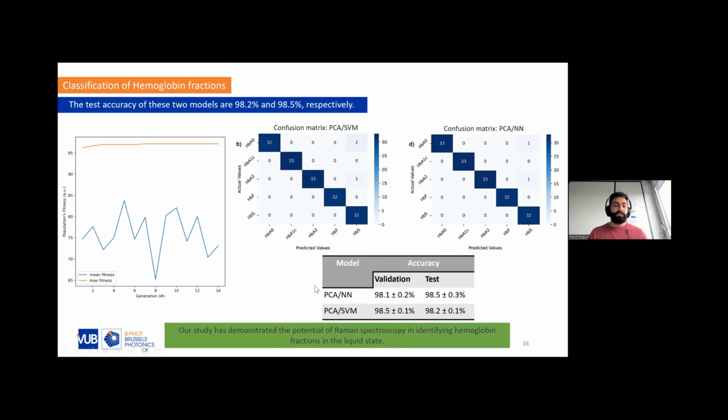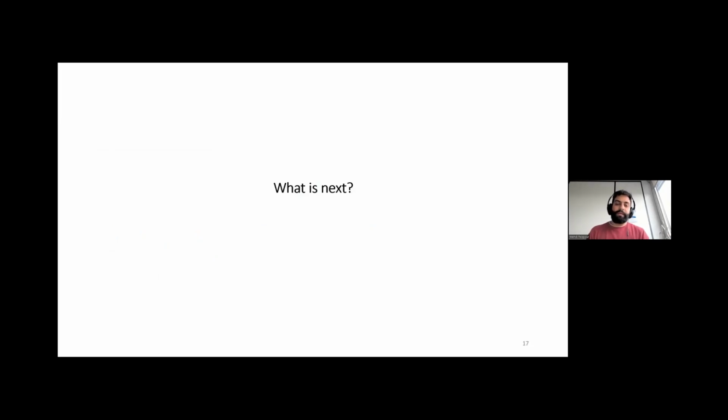So finally, our study has demonstrated the potential of Raman spectroscopy in identifying hemoglobin fractions in the liquid state, and that would be the final conclusion of the presentation.